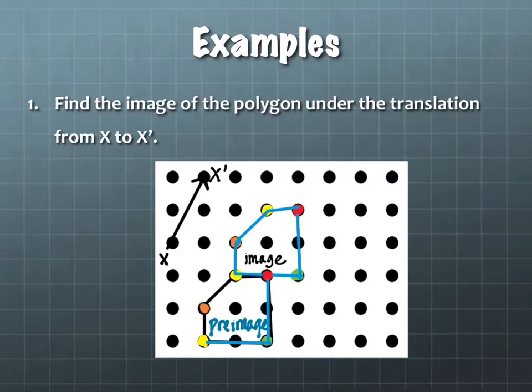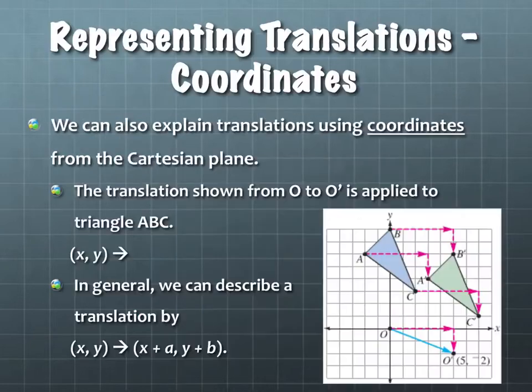So we can represent translations on a dot grid. We can also represent translations with coordinates. So we can explain translations using coordinates from the Cartesian plane. So we've got some images here, some pictures here. There's a blue triangle and a green triangle.